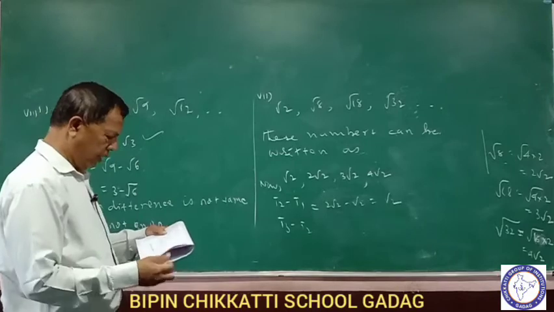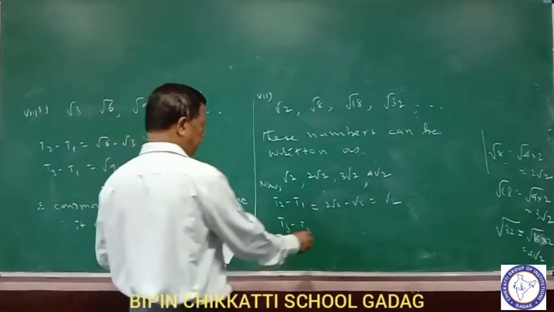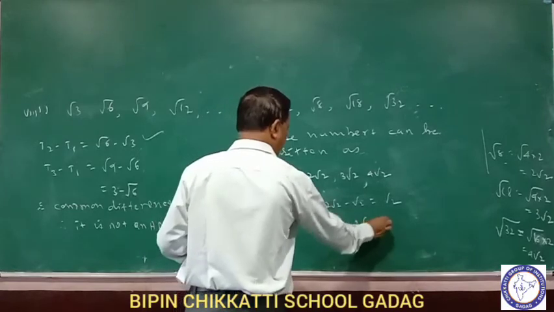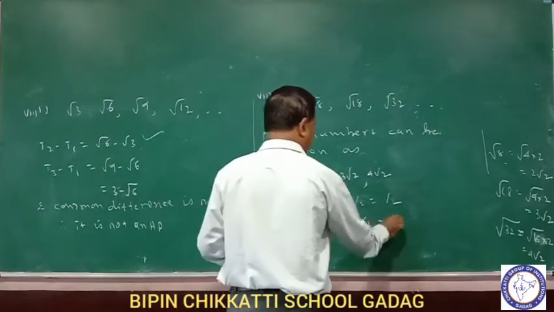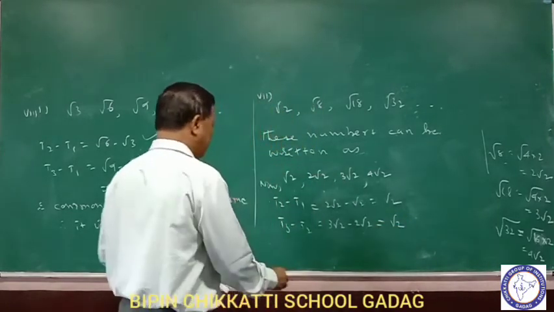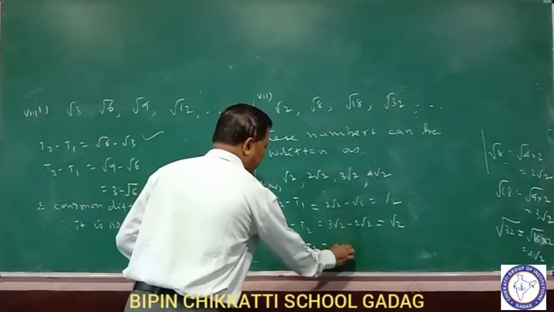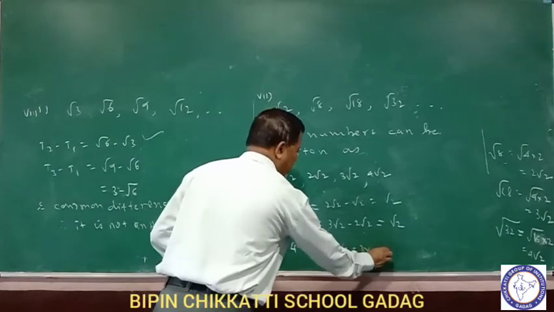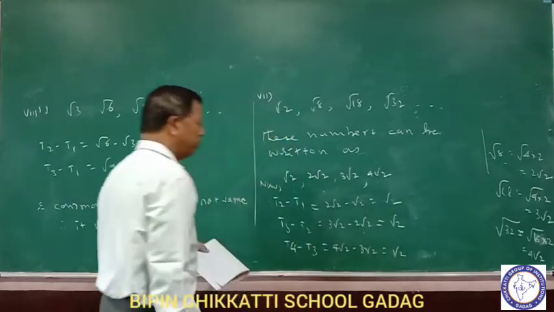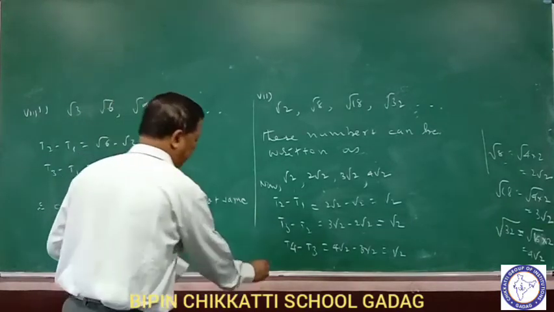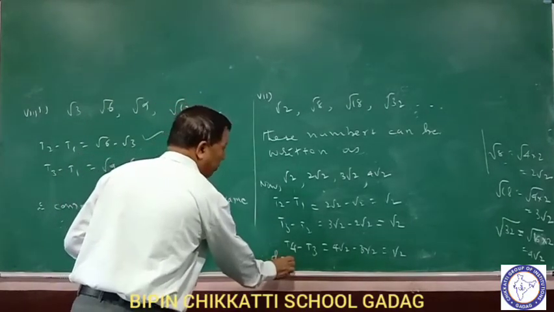And here you have to see that T3 equals 3 root 2 minus 2 root 2. See, 3 root 2 minus 2 root 2. Again we will get root 2. And next, T4 minus T3, 4 root 2 minus 3 root 2. How much do you get? So the common difference is root 2. And here you have to understand that therefore D is equal to root 2.